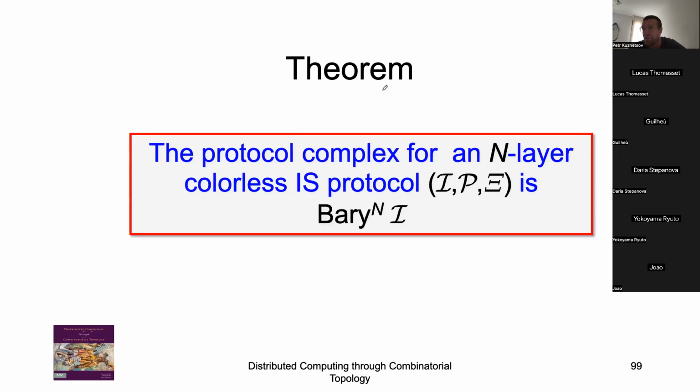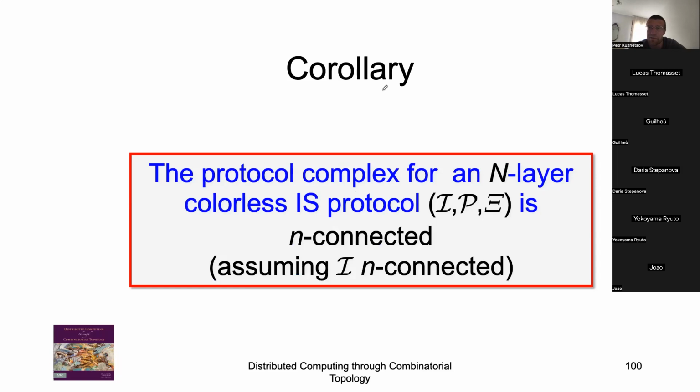It's rather an observation than a theorem, but as usual in mathematics, you need to prove every statement. So if you're up to it, you can look up the book of Herlihy, Rajsbaum, and Kozlov on combinatorial topology in distributed computing. They have a proof for that.